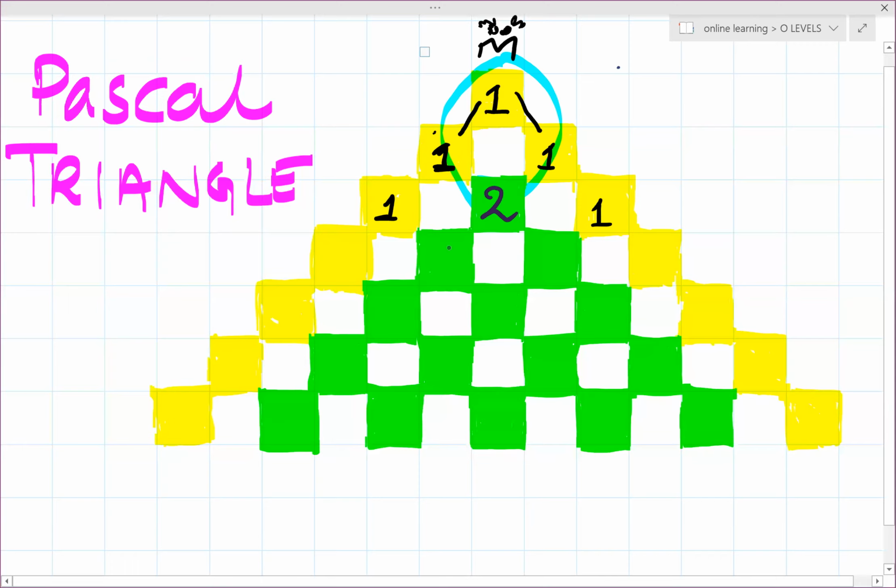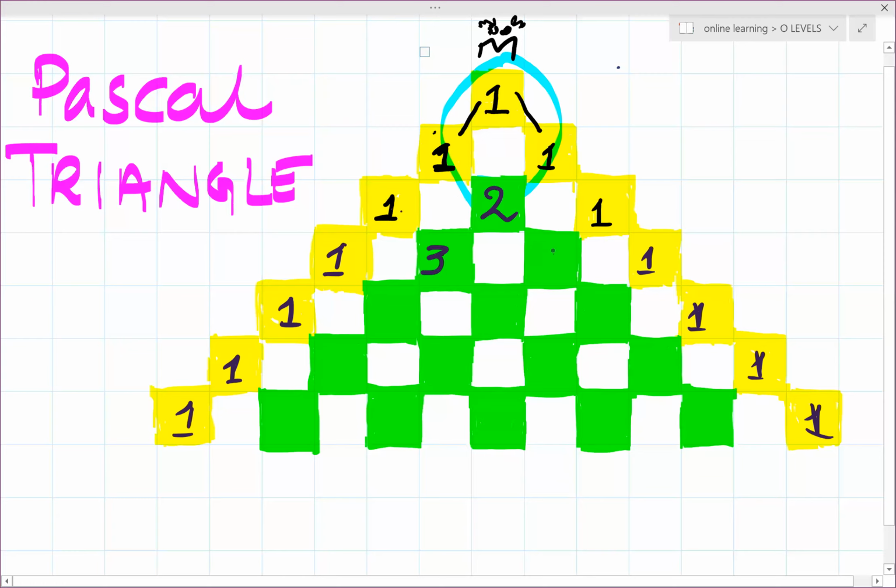Same goes for all these green numbers. First of all, I'll fill in the edges, and then to reach this level, there are 3 ways. You can figure it out without solving the puzzle, by adding these two numbers, 1 and 2.